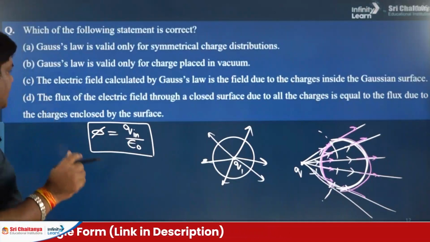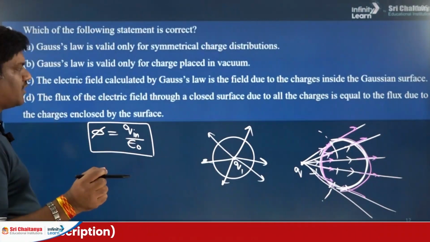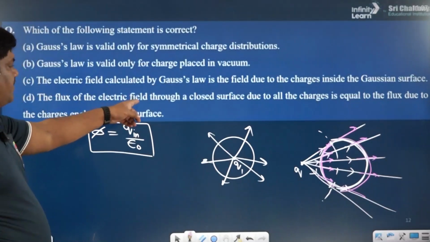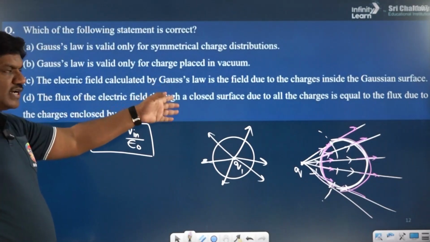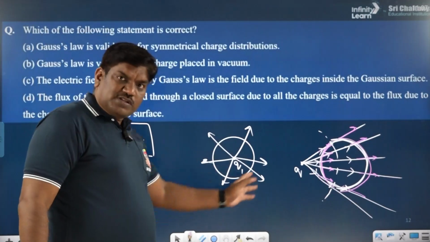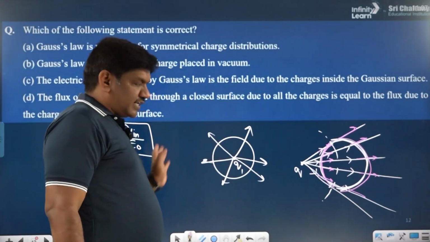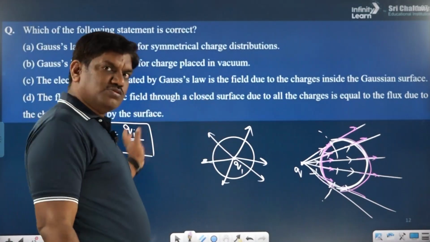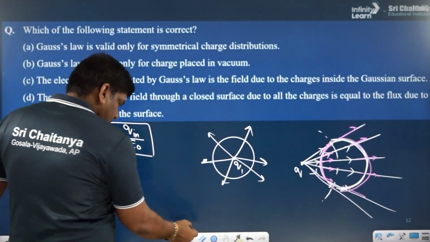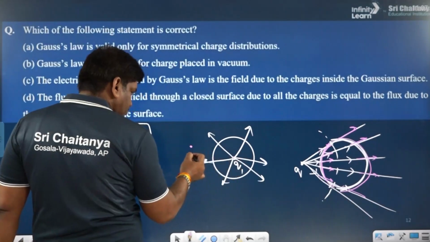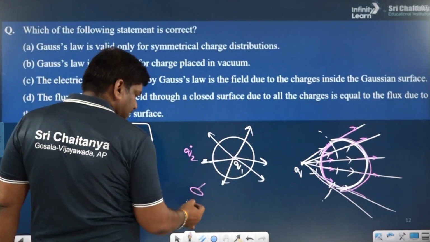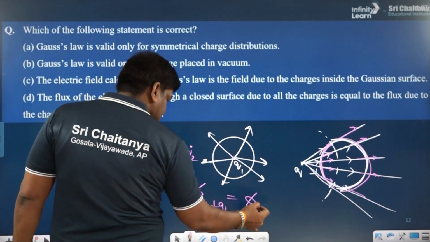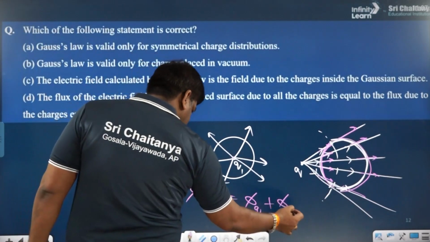Now D, the flux of the electric field through the enclosed surface is due to all the charges. Suppose I say whatever is the total flux due to all the charges, whether inside or outside, it will be the same as the flux due to the inside charge. See, if there is Q1 and Q2, the total flux due to Q1 plus Q2 will be the flux due to Q1 plus the flux due to Q2.